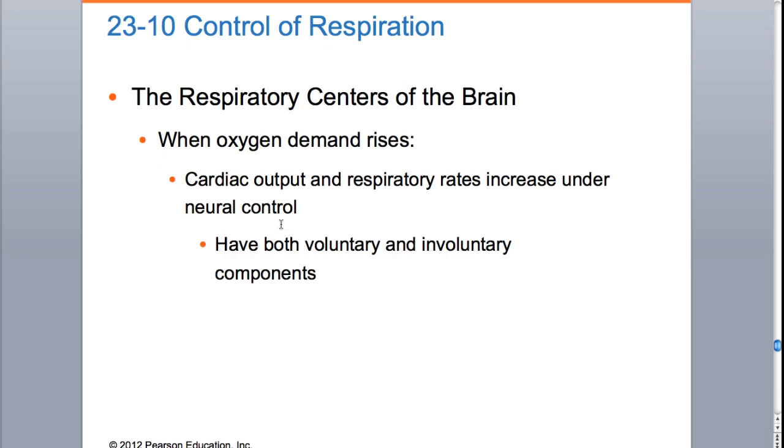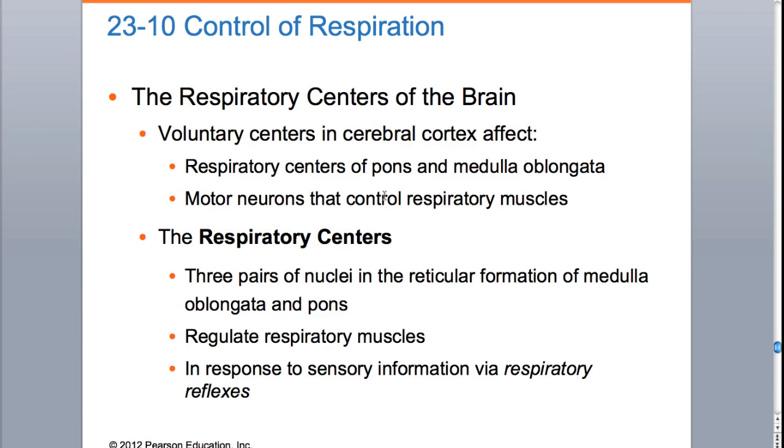So the nervous system will tell the heart what to do, which we've already seen in the previous chapters. But at the same time, the nervous system will tell the lungs what to do. Next slide.